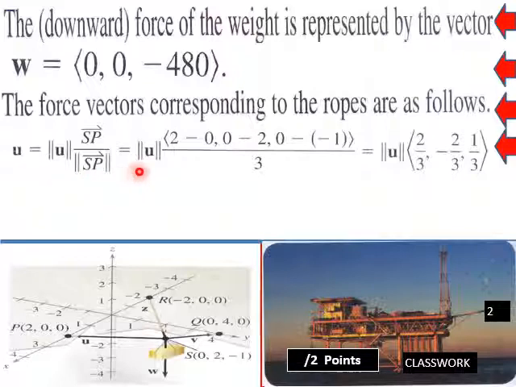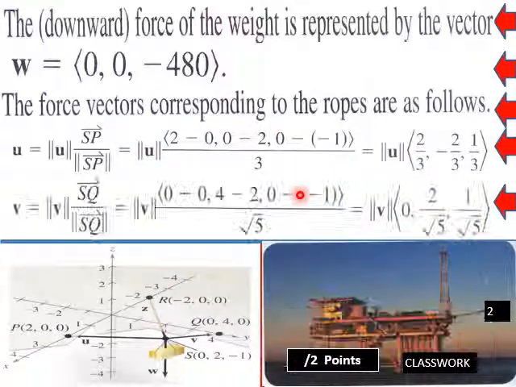Here is our force vector: 2 minus 0, 0 minus 2, and 0 minus -1, over 3, which gives our direction vector u of 2 over 3, -2 over 3, and 1 over 3, the component vector corresponding to the ropes here.